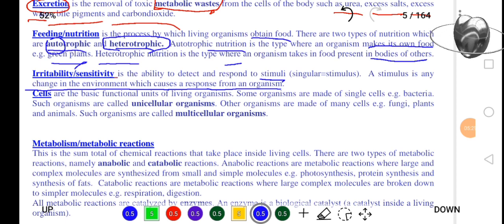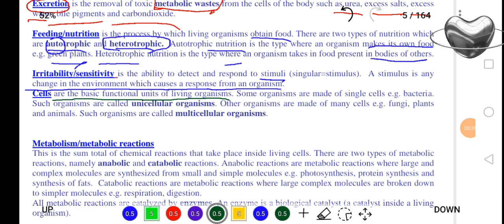Cells. Cells are the basic functional unit of living organisms. Living organisms. We are not saying non-living organisms, but functional unit of living organisms. Some organisms are made of single cells, such as bacteria. Such organisms are known as unicellular organisms.